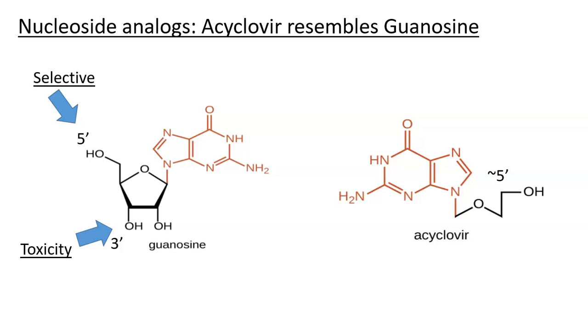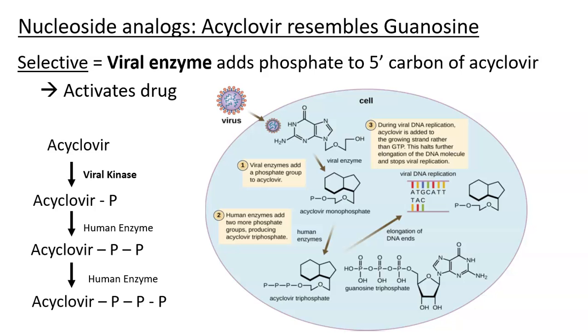And if we look at how Acyclovir is actually able to block herpes virus, we can see in this example right here that it's selective because there's actually a viral enzyme that is going to add phosphates to that 5' carbon of the Acyclovir. And so if we look at this pathway, there's your Acyclovir. The viral kinase enzyme adds a phosphate, and then human enzymes are going to add the second and the third phosphate.